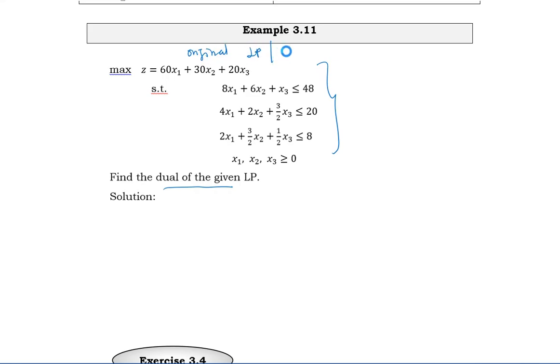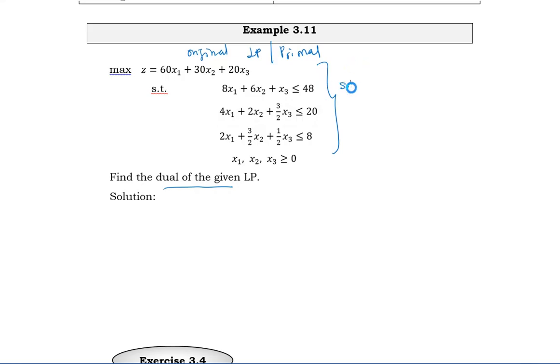From here, in order to change to dual LP, you need to convert this LP problem to standard form. So we need to change all these constraints into equations. Okay, so it's going to be like this.